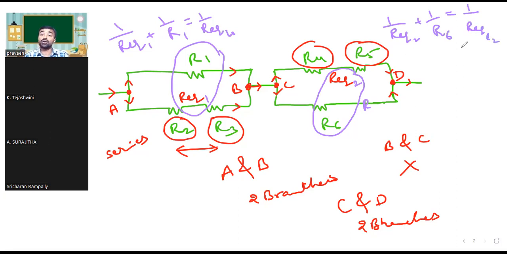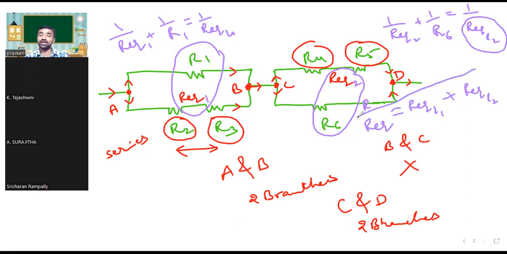So overall, you are finding the loop equivalent resistance by writing the reciprocal, Req L2, right? So Req L1 and Req L2 are in which combination? Series combination. Single path. They are connected again in a single path. So then you will find Req L1 plus Req L2. That is the overall equivalent resistance in the whole circuit.